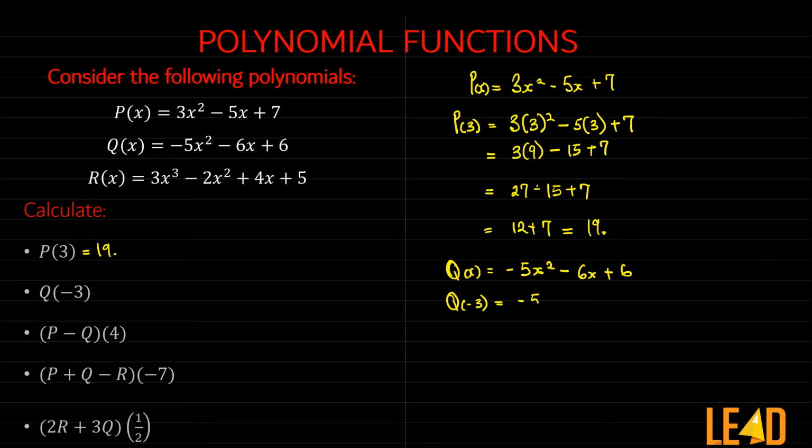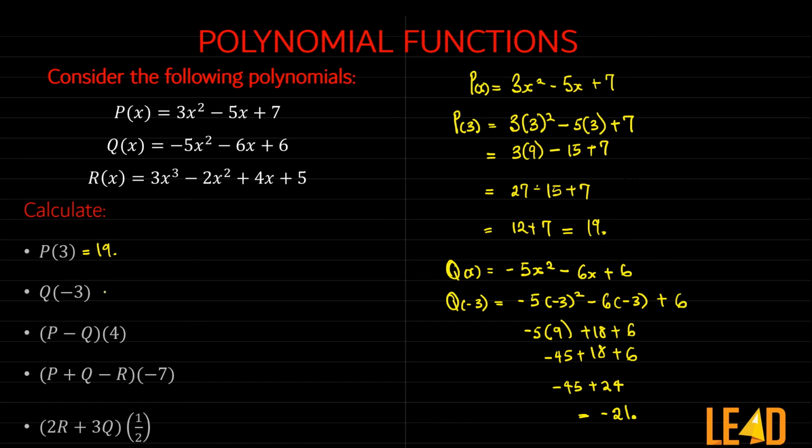So we have negative 5 bracket negative 3 squared minus 6 bracket negative 3 plus 6. And so this is negative 5 by 9 plus 18 plus 6. This is minus 45 plus 18 plus 6, which would be minus 45 plus 24, which should give us minus 21. So q of negative 3 is negative 21.